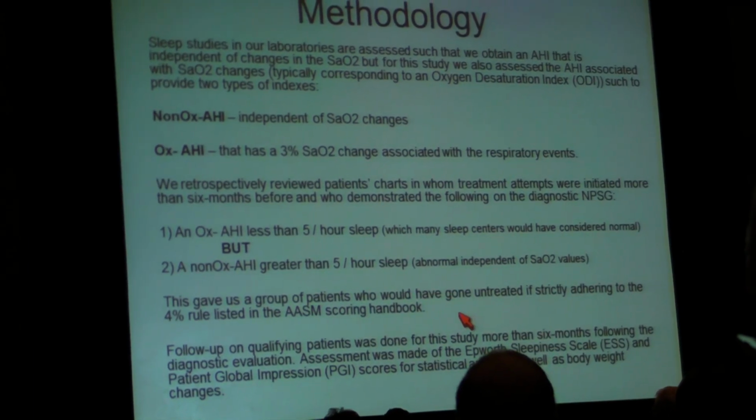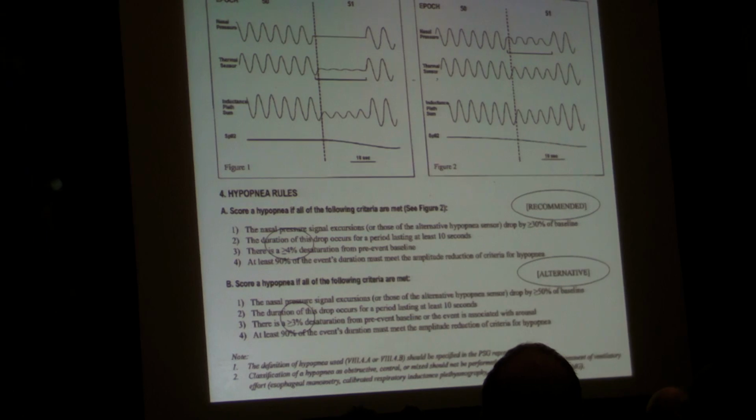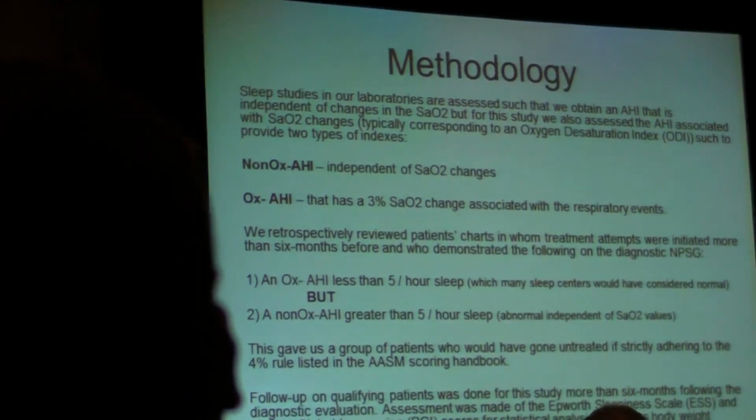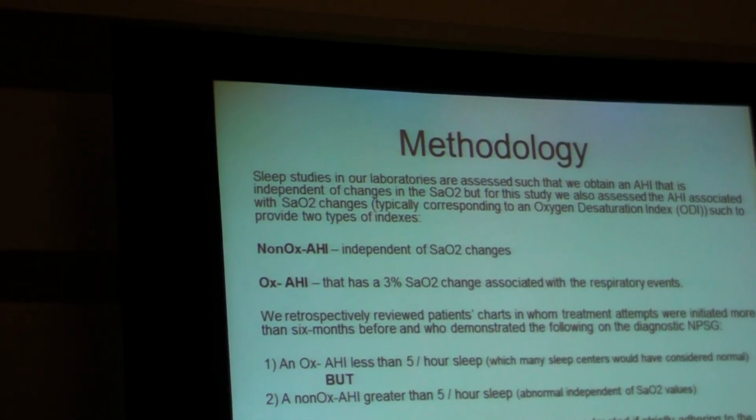All right, so for our study, first you need to know that in our lab, we tabulate hypopneas independent of desaturation. We're looking at decrease in airflow leading to arousal.